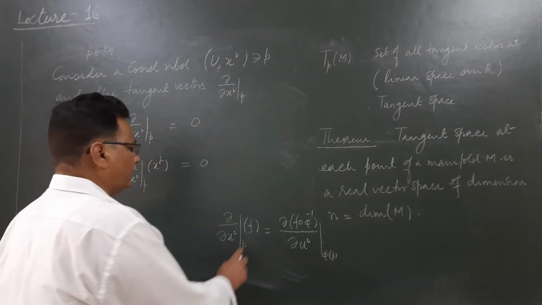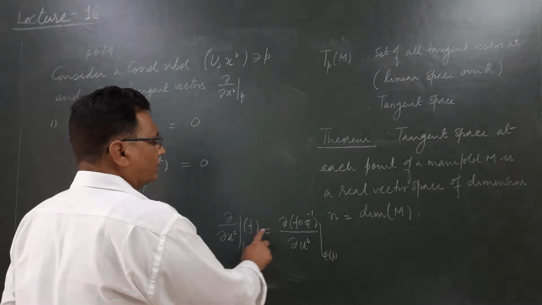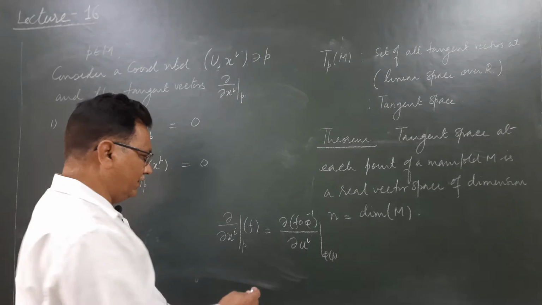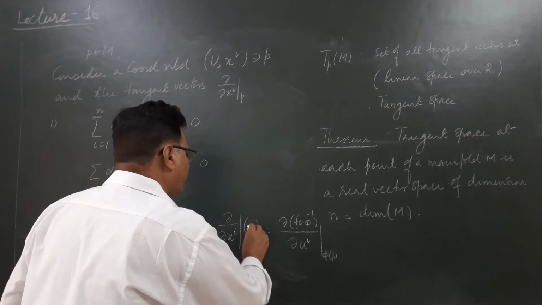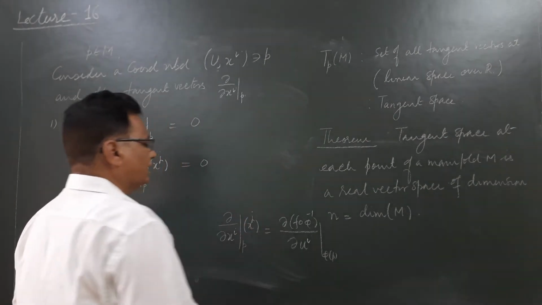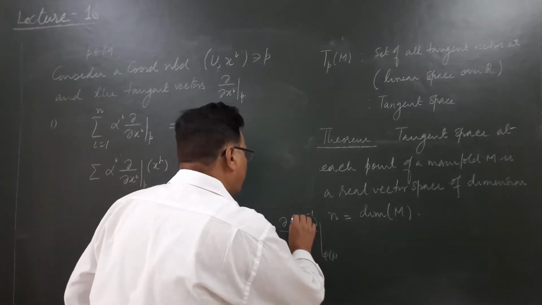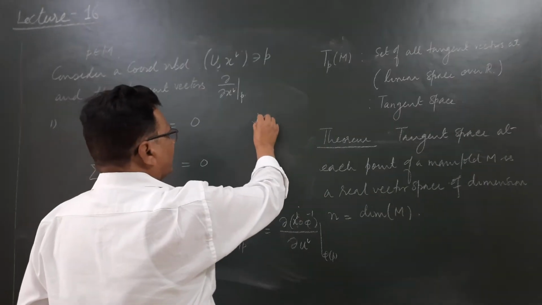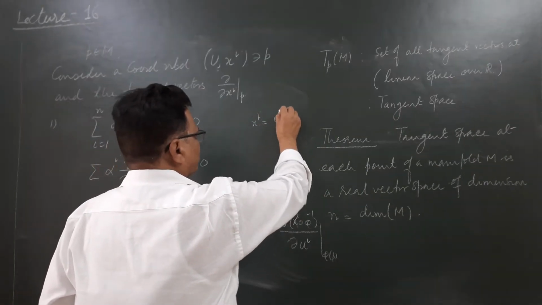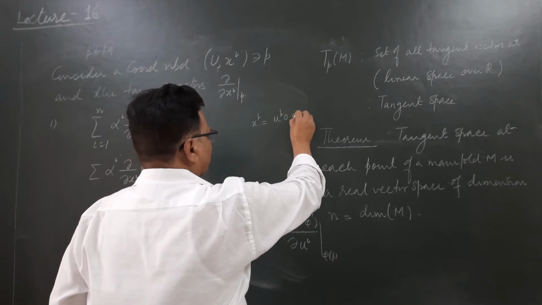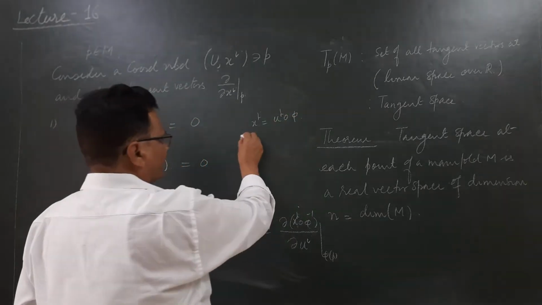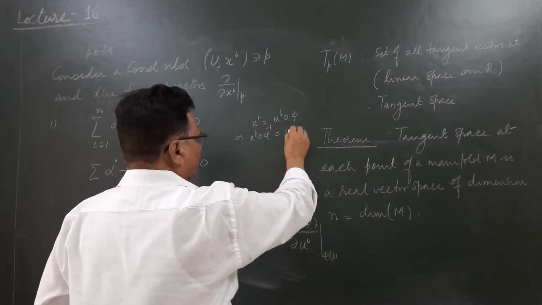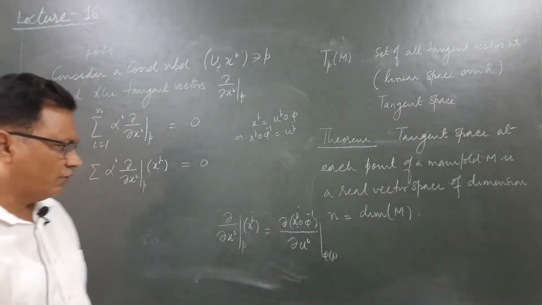So according to that, if you write x_j in place of f, what happens? x_j composition φ⁻¹. So that will become u_j. So now you replace f by x_j. And do you remember how you defined x_j? x_j is defined as u_j composition φ, and this implies x_j composition φ⁻¹ will be simply u_j, the jth coordinate of R^n.